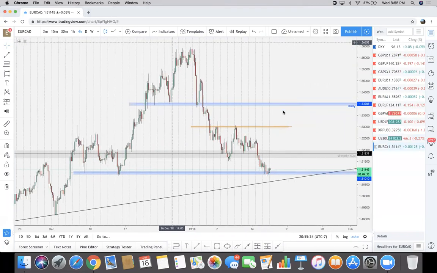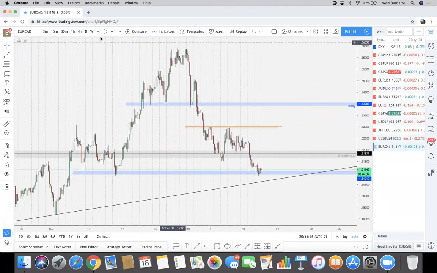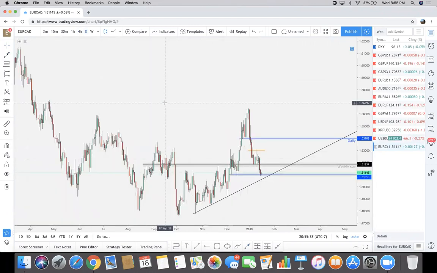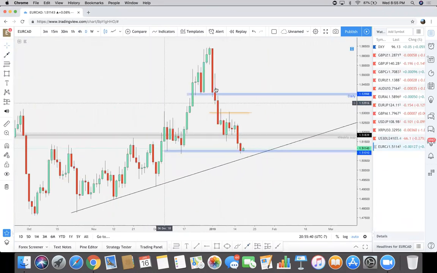And then this is my markup for EuroCAD. This is in a downtrend, but it's been downtrending for a while, so I think it could head back up somewhere in this area, but I would like to see a little bit more reversal, because this didn't really push past this level right here to push down in here, and we have this support.